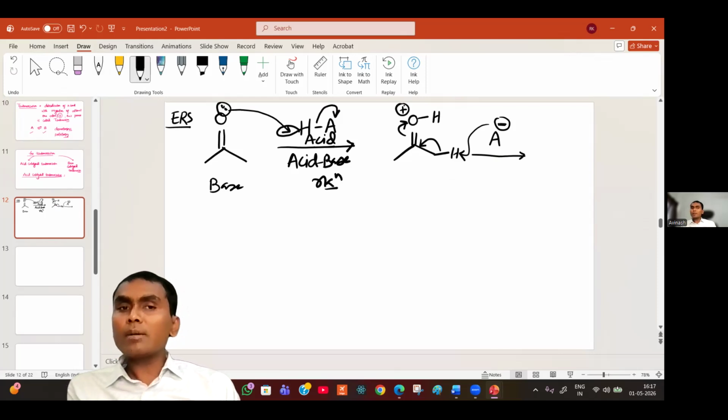We know this is an acid-base reaction, so equilibrium is formed here.